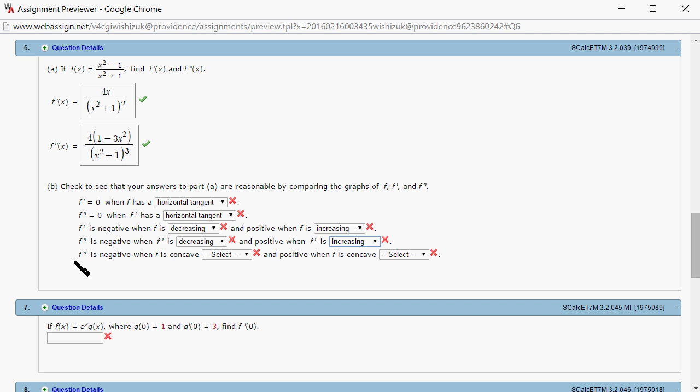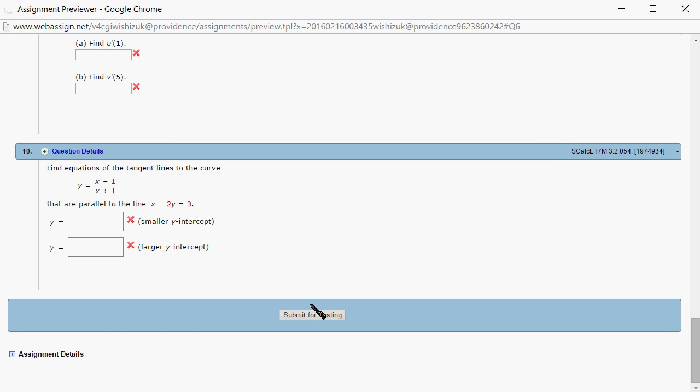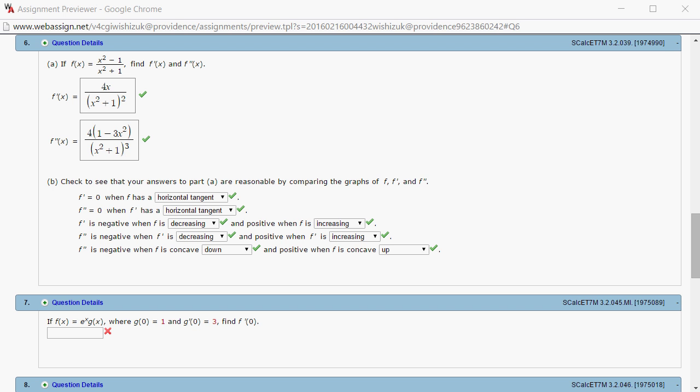If f double prime is negative, f is concave downward, and if it's positive, f is concave upward. So that's that. Submit for testing. It came back and looks like we got all of these correctly. That's it. I hope that this was clear.